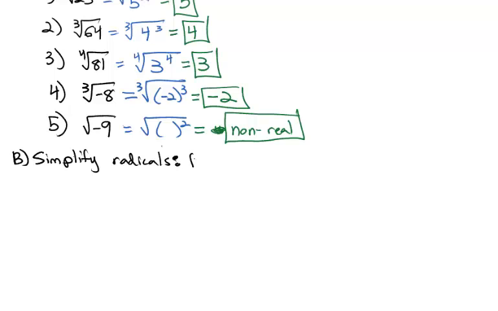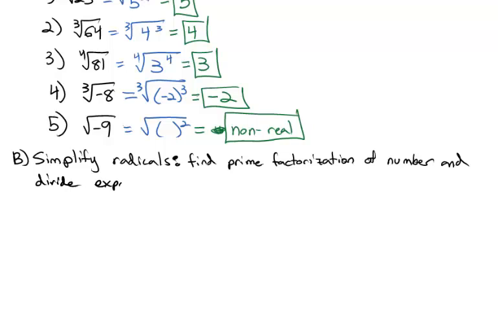And so what we're going to do is consider the prime factorization of a number, and then we can divide exponents by the index of the radical.